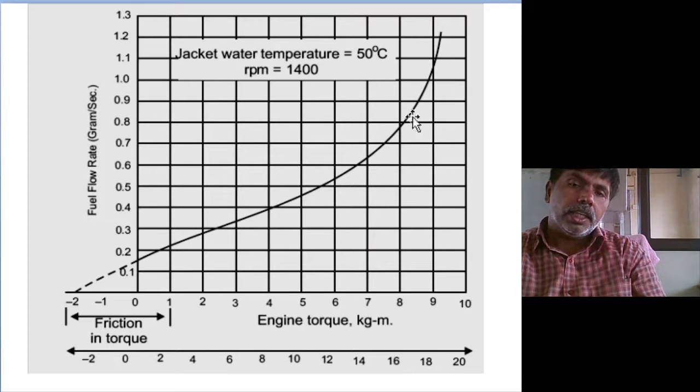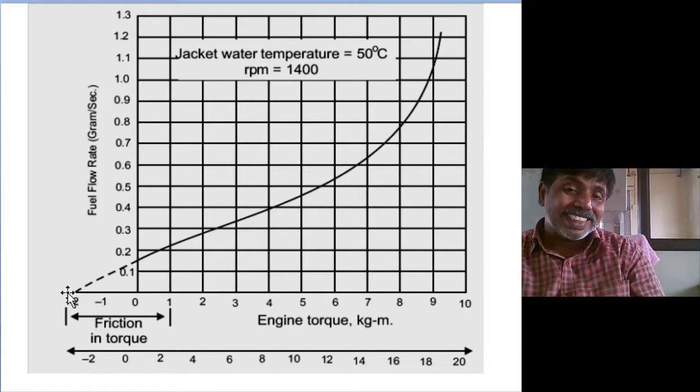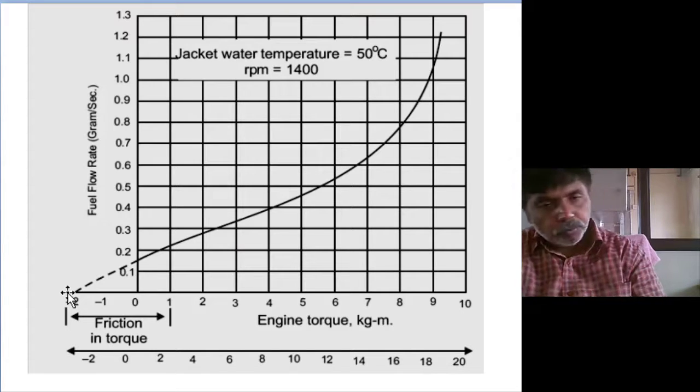Generally it is a linear line, y equals m x plus c, there is no issue. Then we extend that line with the same slope to the negative side of the x-axis.